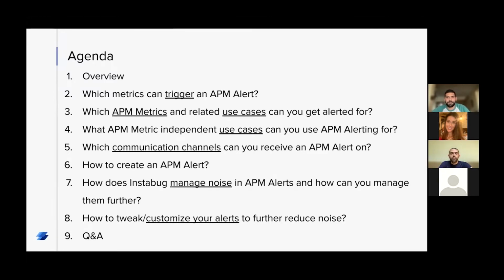We're going to have a very quick demo on how to create an APM alert from Instabug's dashboard. And then we're going to discuss the noise management, the infrastructure built by Instabug, and how you can tweak and customize your way further to reduce noise and make sure that you're being alerted for the exact issues you'd like to know beforehand. Then we're going to have a Q&A session at the end.